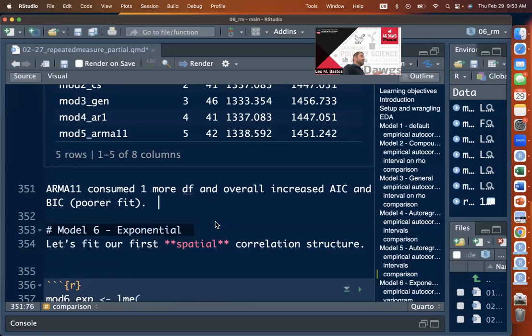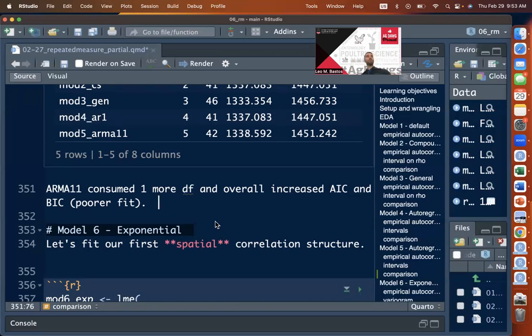Another benefit is that, regardless of whether it's temporal or spatial, all the spatial correlation structures will accept intervals that don't have to be the same, right? If you go to a field and take a whole bunch of coordinates, you don't have to take exactly 1 meter here and then 1 meter away and so on.